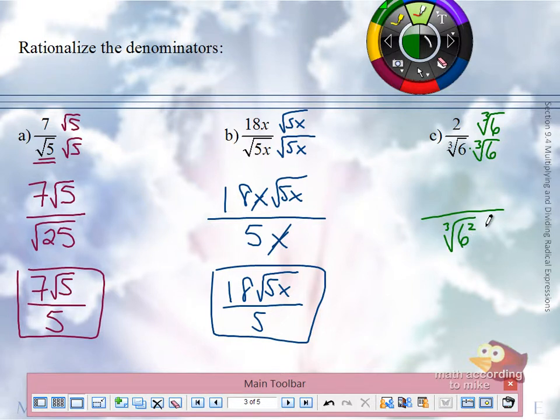What is the cube root of 6 squared? Nope. It's cube root of 6 squared. It does not clean up, because 3 doesn't go into 2. So this is not good.